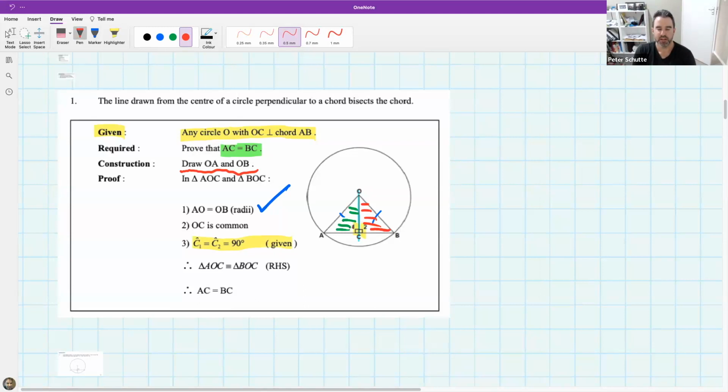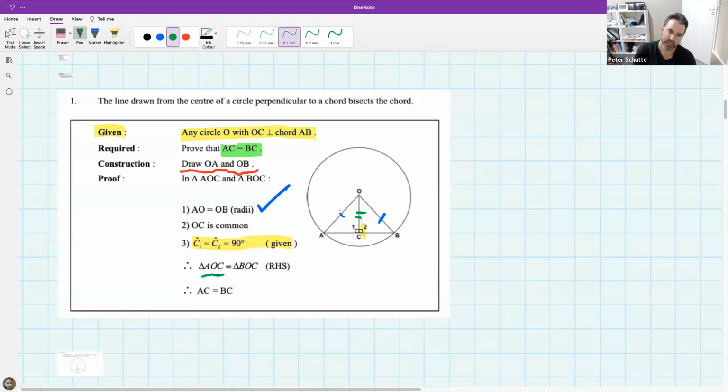Okay. Now, the case of congruency here, remember, we've got a right angle, we've got a hypotenuse, and we've got a side. So it's not SAS, because SAS would mean we have to have the angle between the two sides, and we don't. The sides that are in common to both of these are the green and the blue, and we don't have the angle between those two. We only have the right angle, the hypotenuse, and another side.